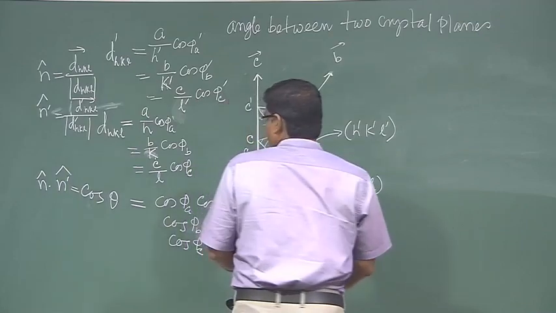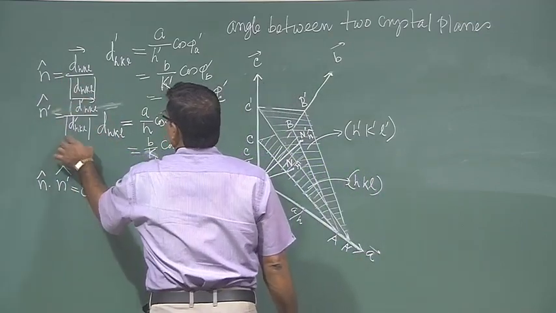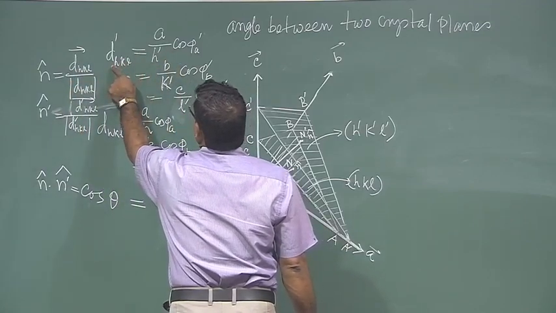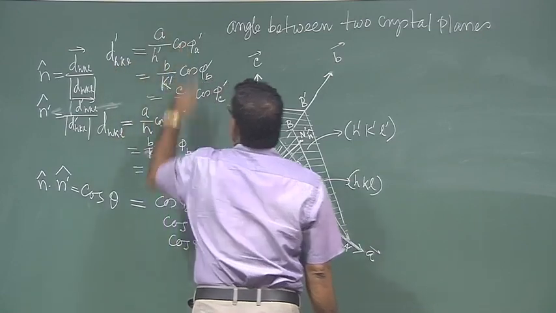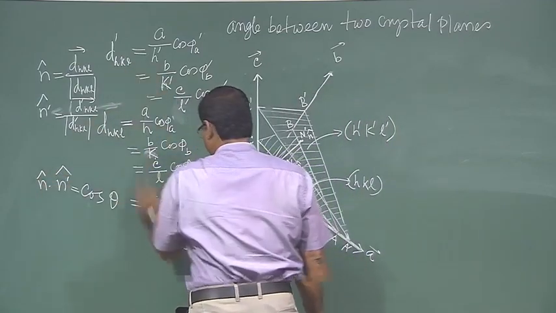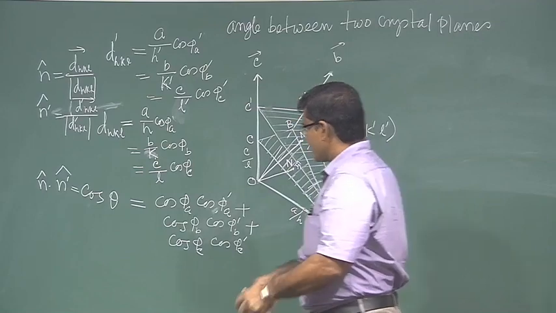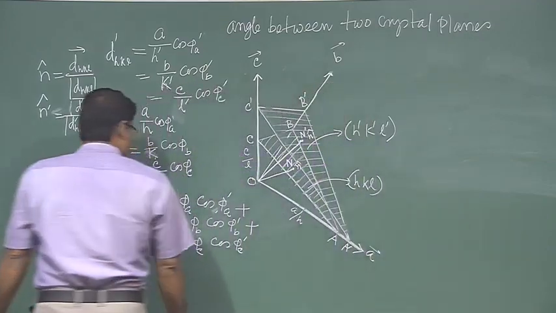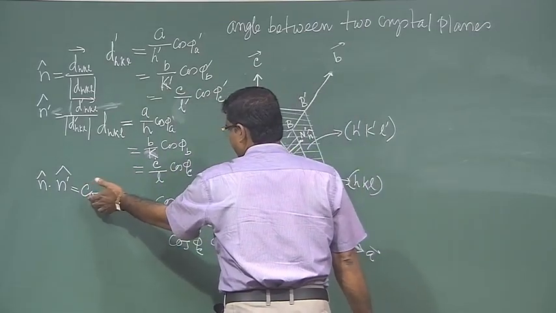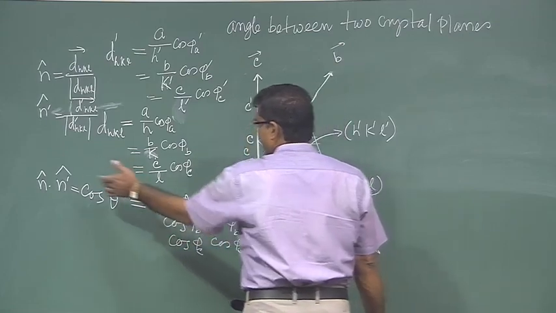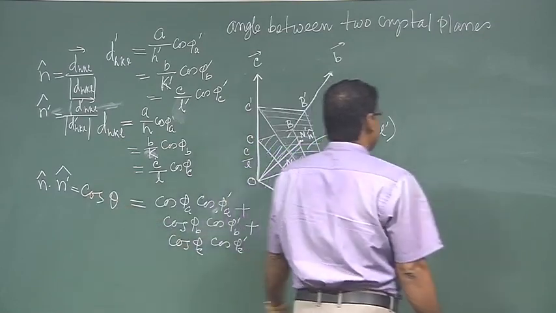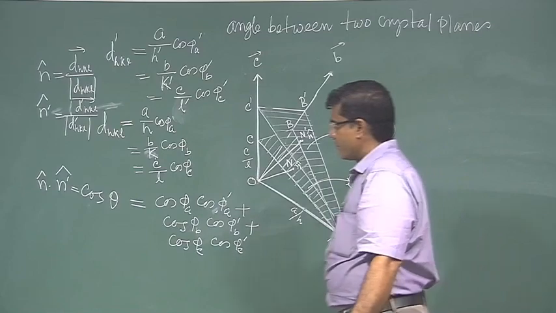And one can find this from here also, because you know the relation of d H K L and this cos phi or cos phi dash. So, this is the known relation for the angle between two directions in terms of the direction cosines of each one.